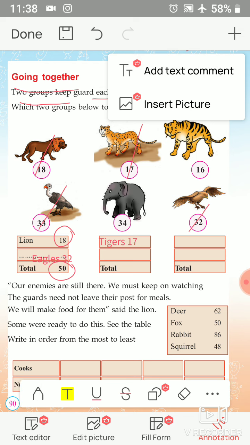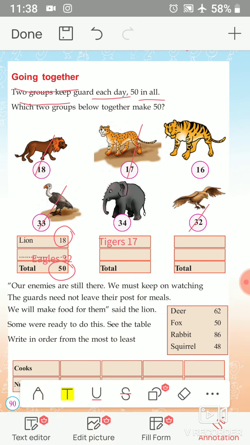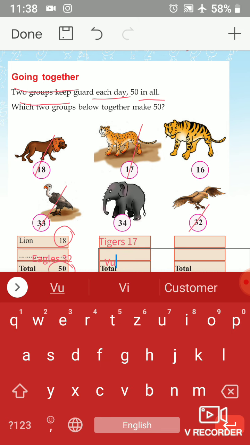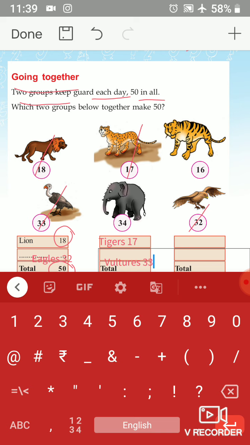So all of you add here: vultures. Number of vultures is 33.